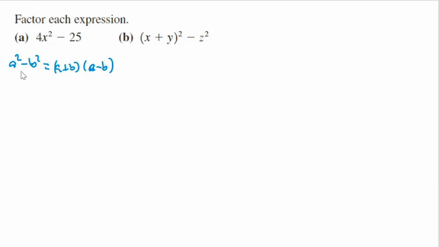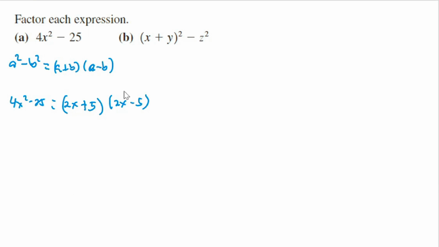All right, so applying this example, we have 4x squared minus 25. So what is the square root of 4x squared? We have 2x plus the square root of 25, which is 5. And then duplicate this one, but change the sign. It becomes 2x minus 5. So whichever comes first, either 2x minus 5 or 2x plus 5, it doesn't matter because of the commutative property.